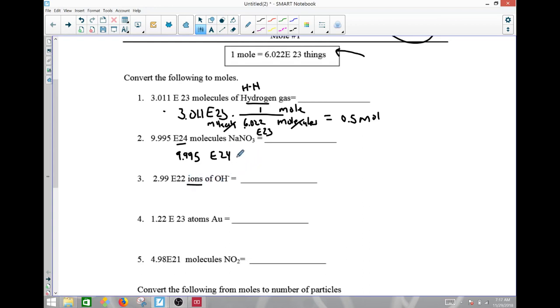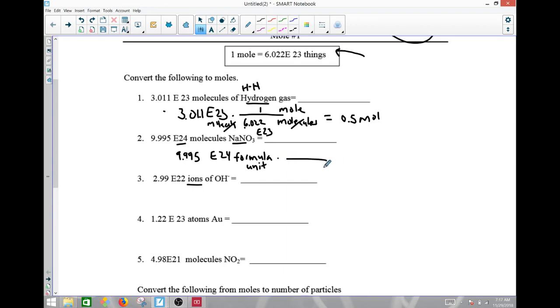Calling it a molecule might not be exactly right, but it doesn't particularly matter for what we're doing. It's a formula unit. It's a piece of a bulk crystal.